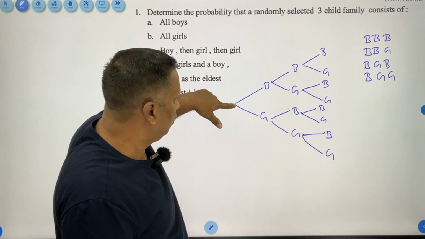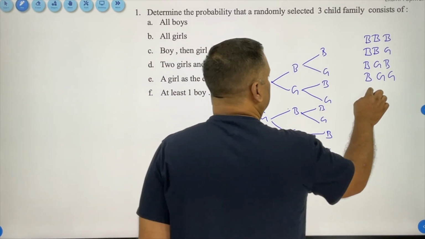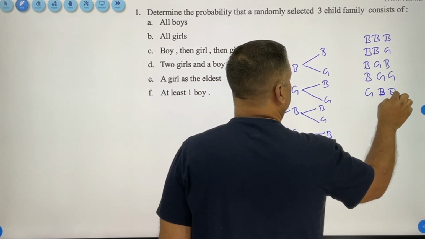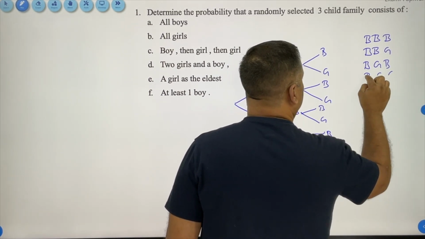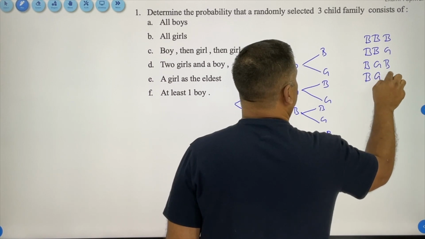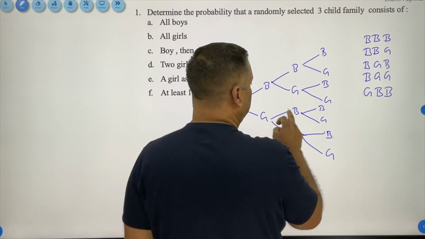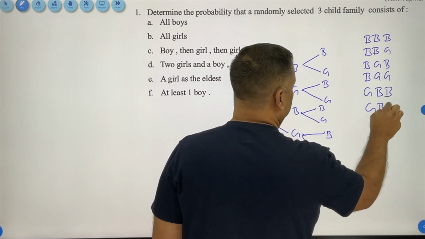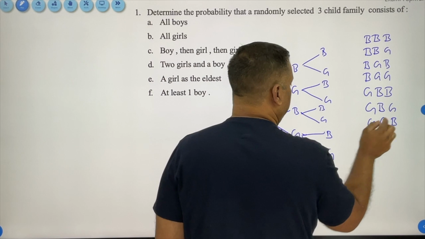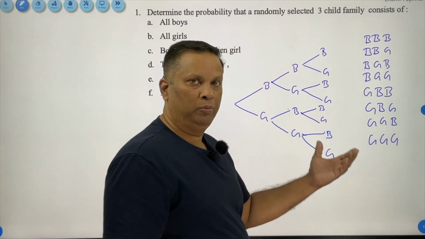Now in this route we will go G, B, B. Then G, B, G, and G, G, B, and G, G, G. So all 8 possibilities are listed.